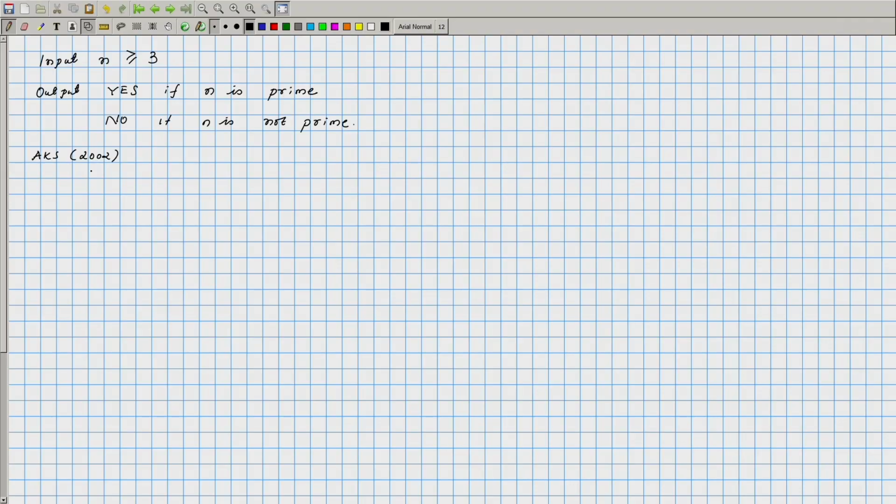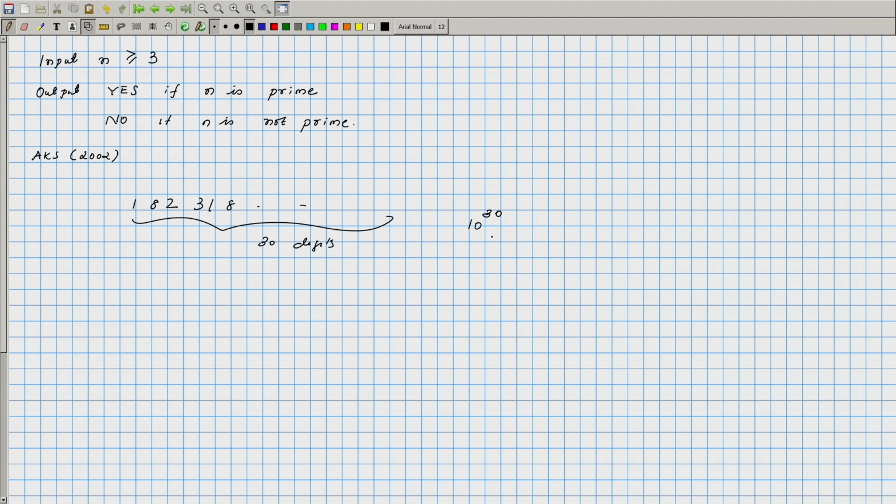In order to understand the difficulty here, let us look at this problem a bit more carefully. Let us say I give you a 30-digit number, some number which is about 10 to the power 30 in size.